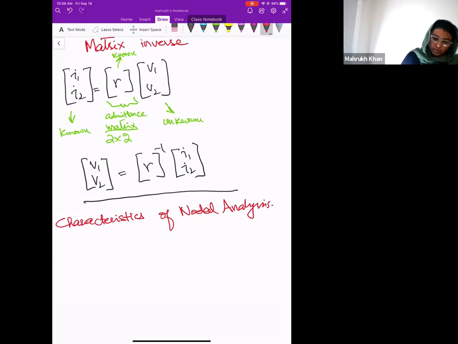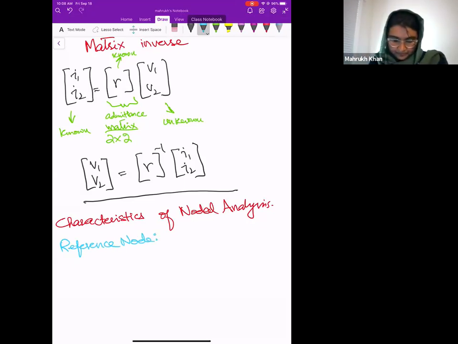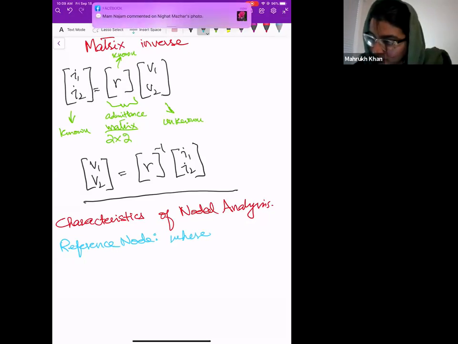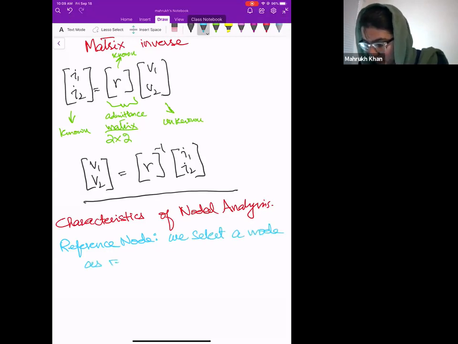Okay, so in nodal analysis, there is one very important thing, that is the reference node. Normally, first I need to write this. In nodal analysis, we select a node as the reference node.